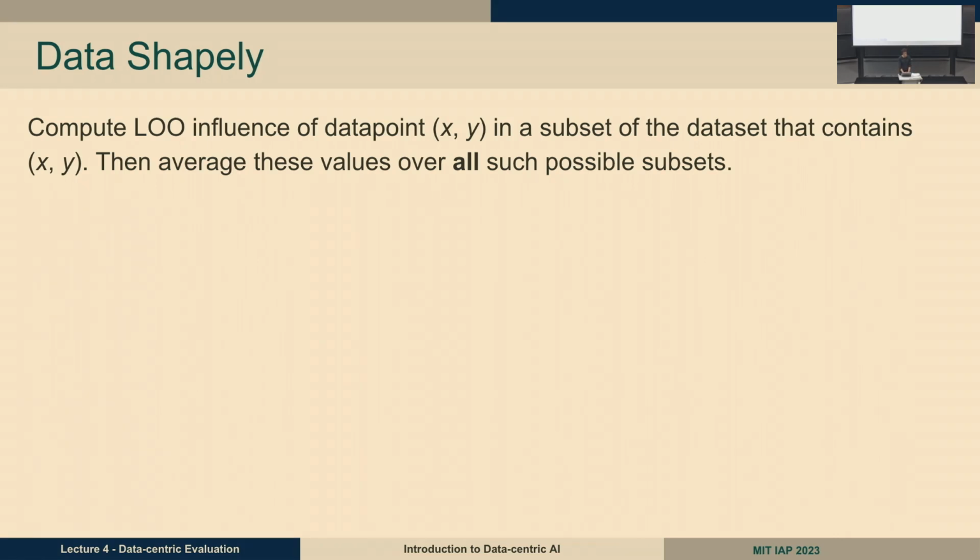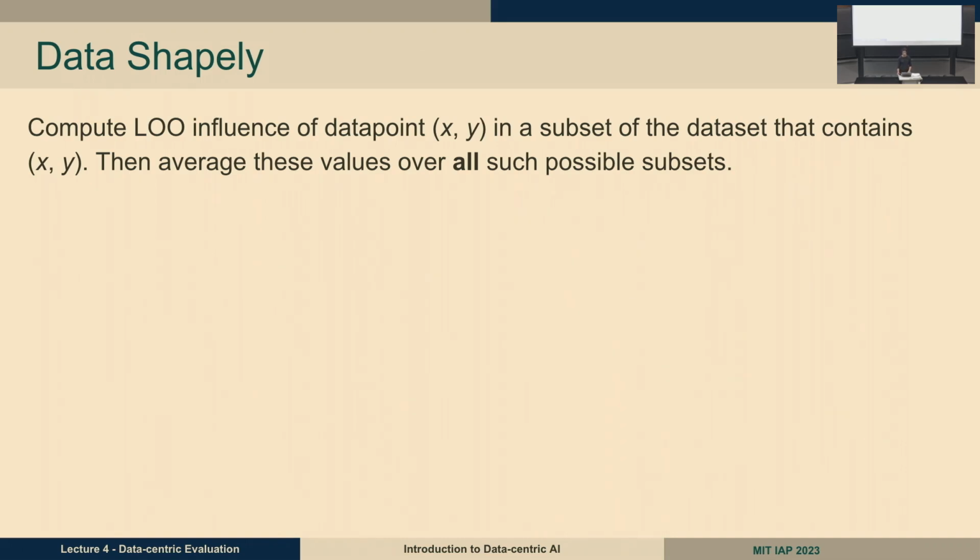For example, one axiom that's nice is if you add an additional person to your set who doesn't contribute anything, you want to make sure that the returns to each of the existing people is the same. And then you also want to consider how each of these coworkers is contributing in the context of the other coworkers. And that's the same for these data points.